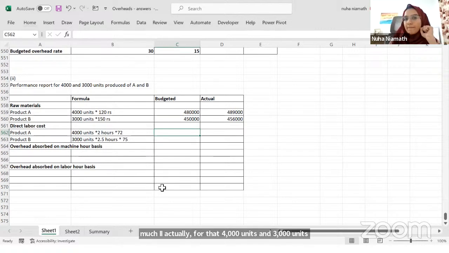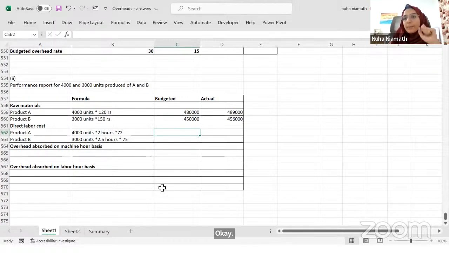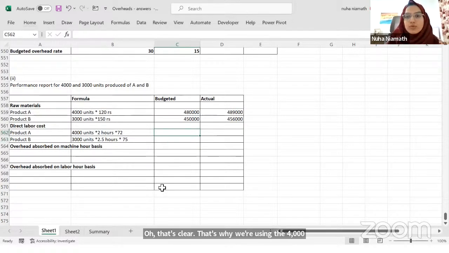I hope that's clear. That's why we're using the 4,000 units, because we want to compare the 4,000 units cost with the actual cost incurred.